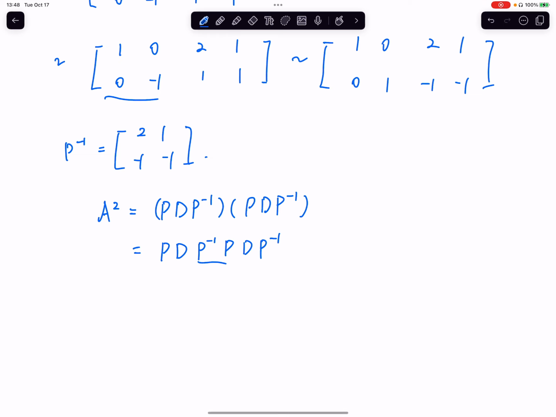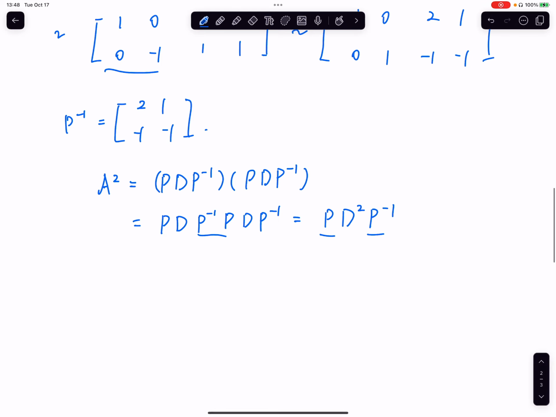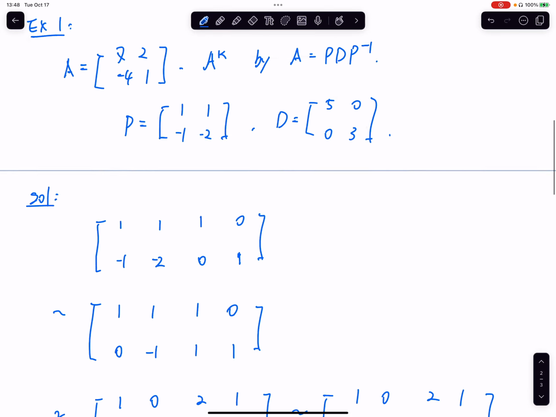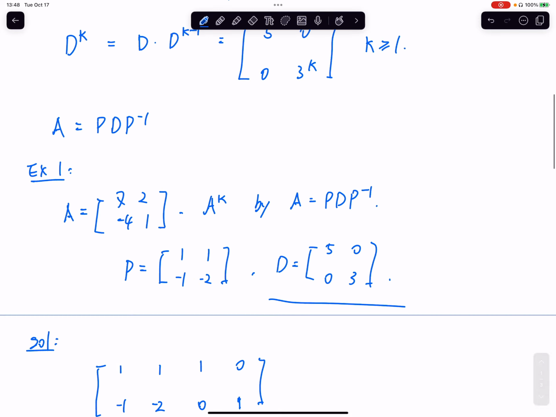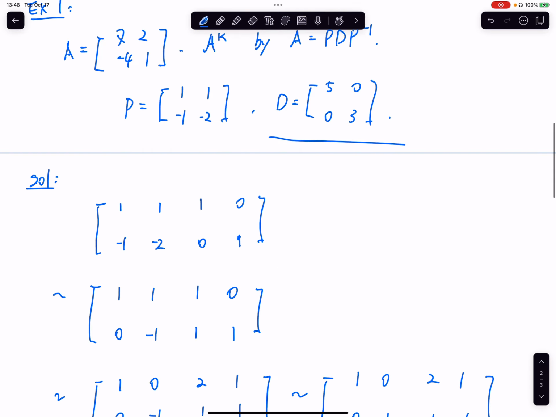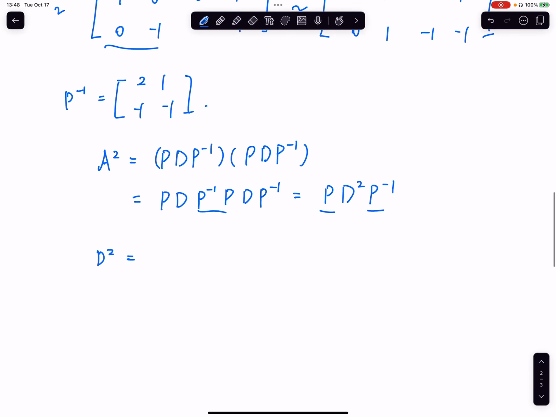And since P inverse times P is the identity, this equals P D squared P inverse. Since we know P and P inverse, it leaves us to calculate D squared. Since D is 5, 0, 0, 3, its second power is just 5 squared, 0, 0, 3 squared. So this gives us P D squared P inverse.